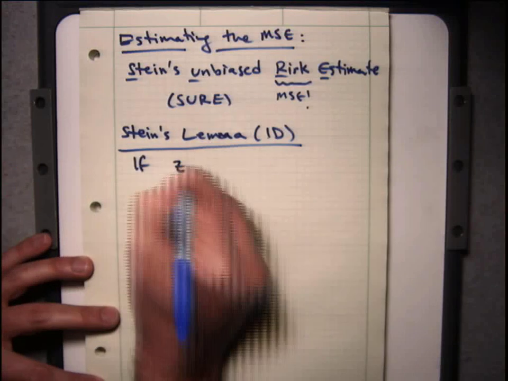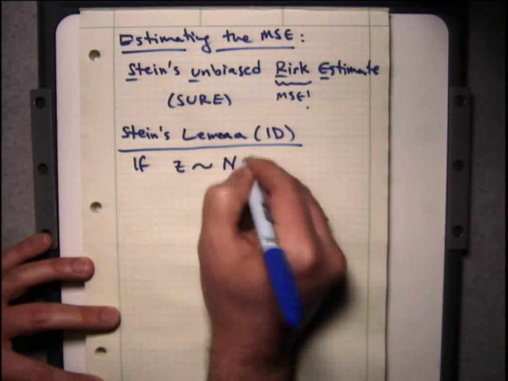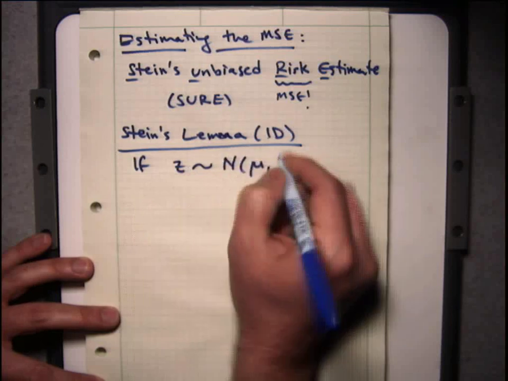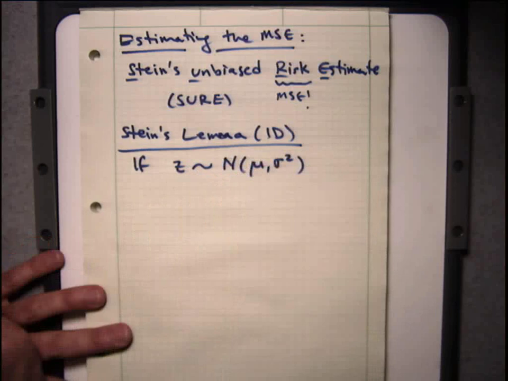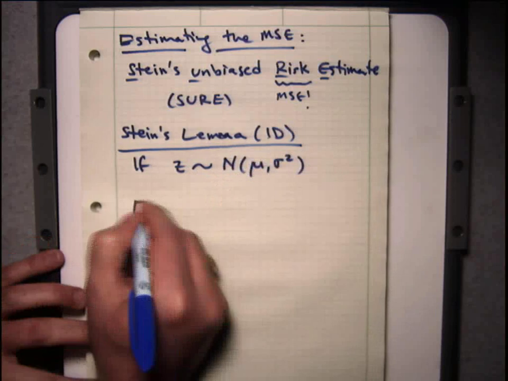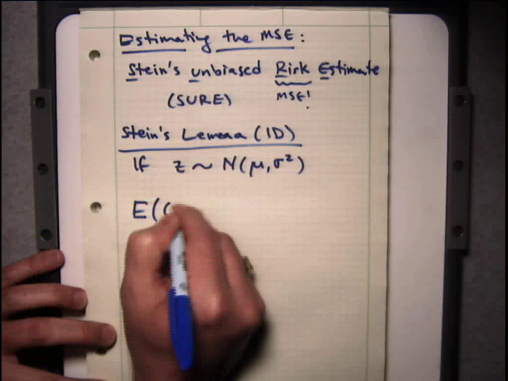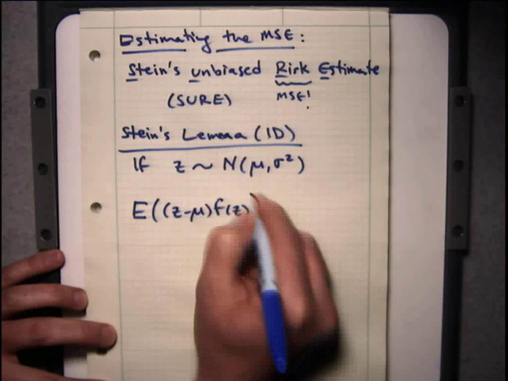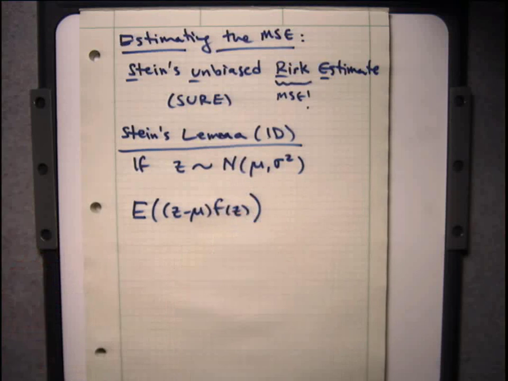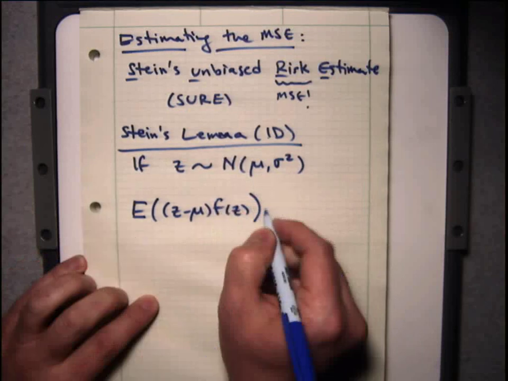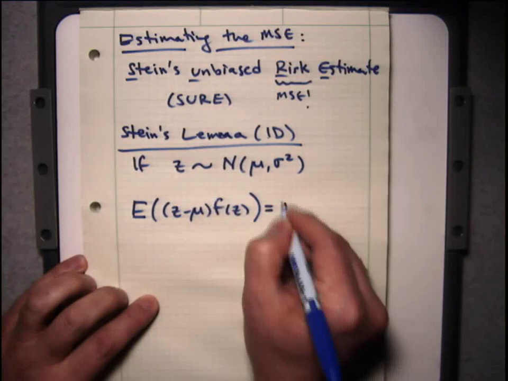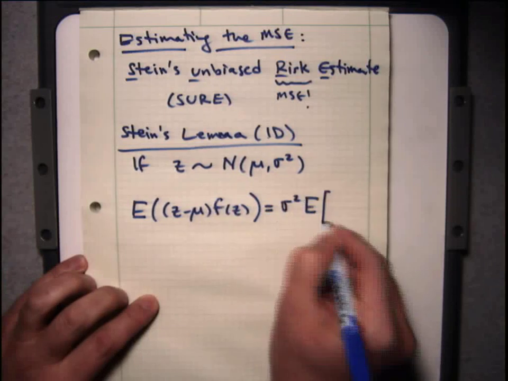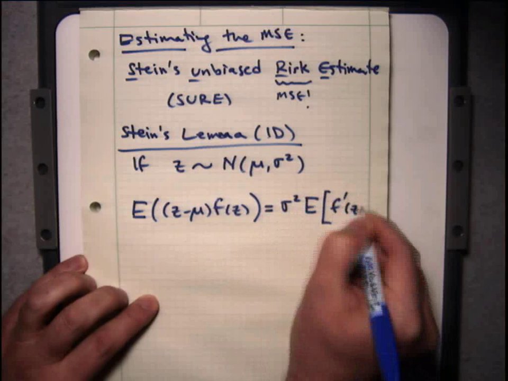If you have a random variable z, which is distributed as a Gaussian with mean mu and variance sigma squared, then the expected value of (z minus mu) times f of z, where f is some differentiable function, basically any differentiable function as long as it's well behaved, turns out to be equal to sigma squared times the expected value of f prime of z.